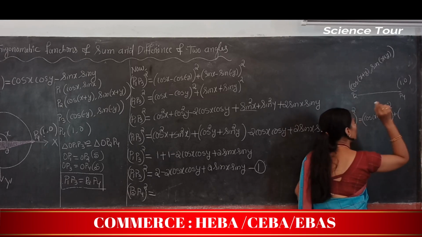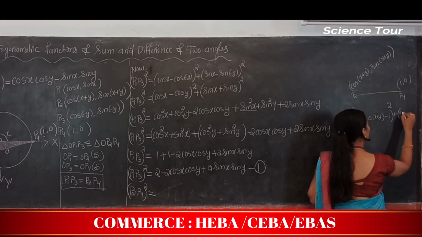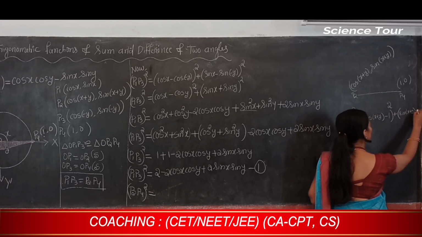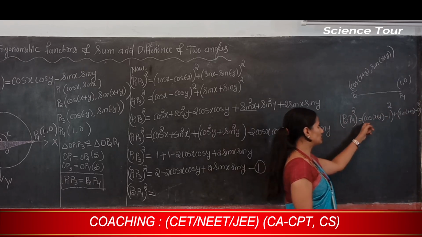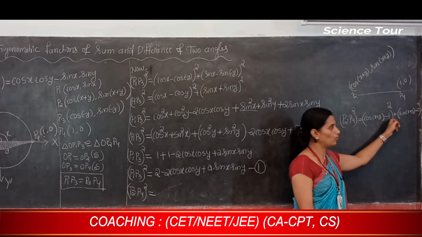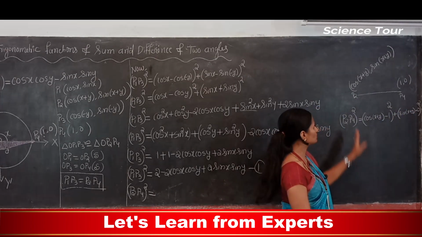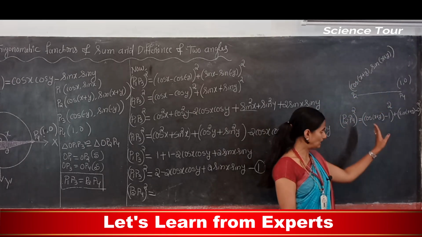Plus y1 minus y2 whole square. So what is your y1? Sin(x plus y), minus y2, which is 0, whole square. Clear this?